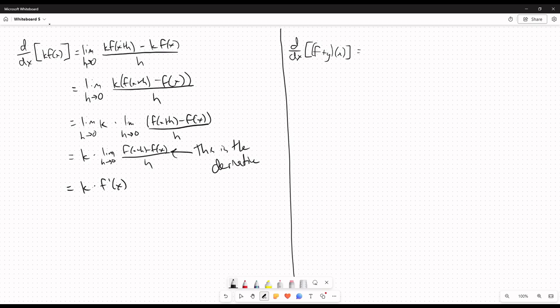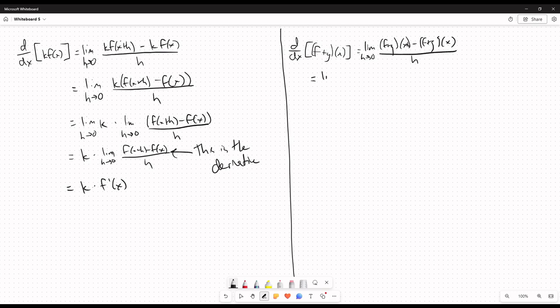So that's nice. We can do a similar trick with the derivative of f plus g of x. So really what I'm doing is taking the limit as h goes to 0 of f plus g of x plus h, minus f plus g of x, all over h.